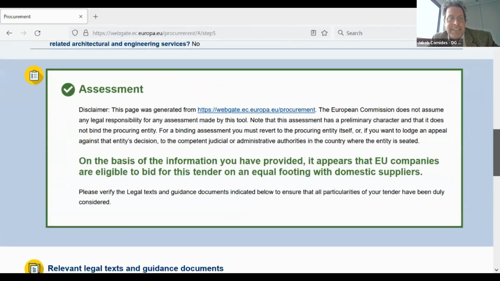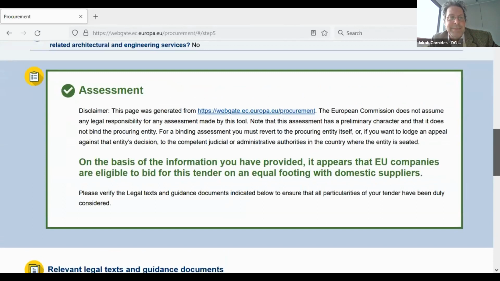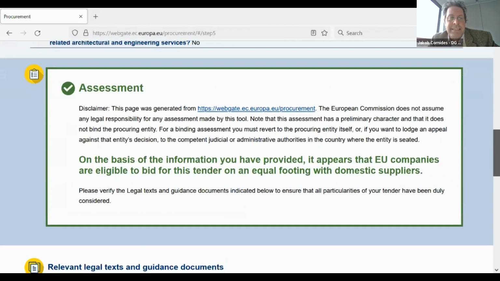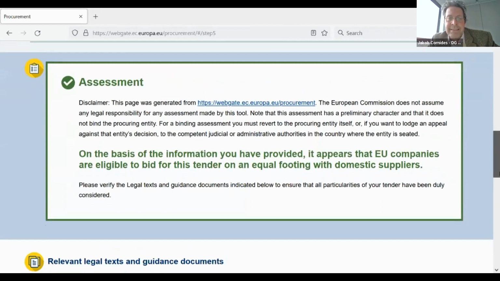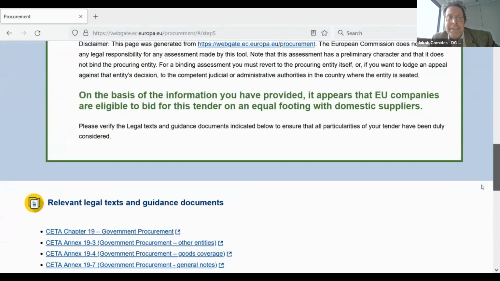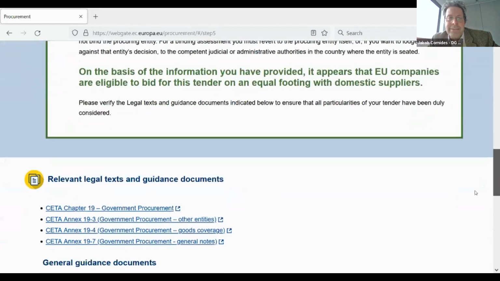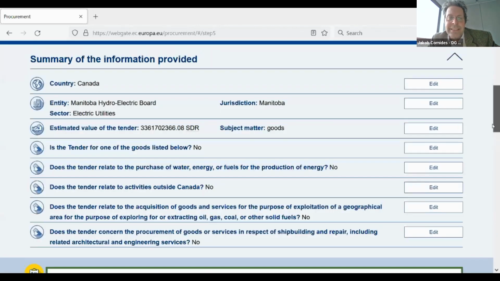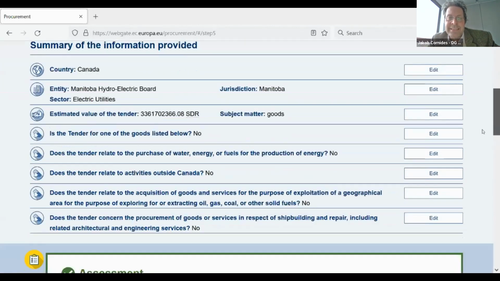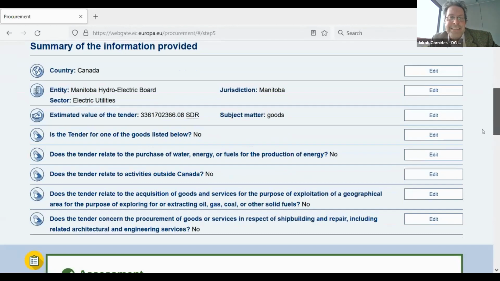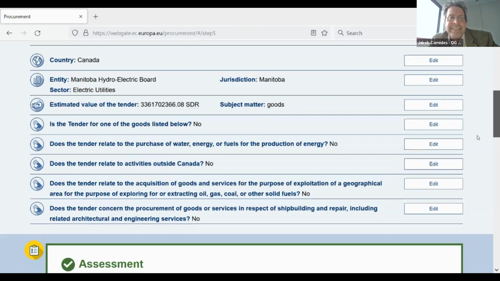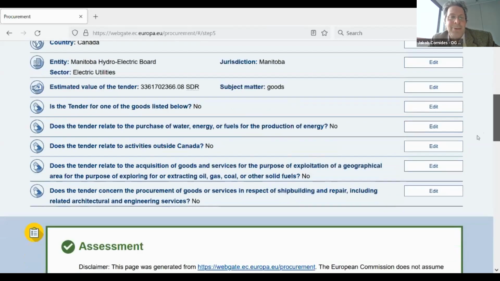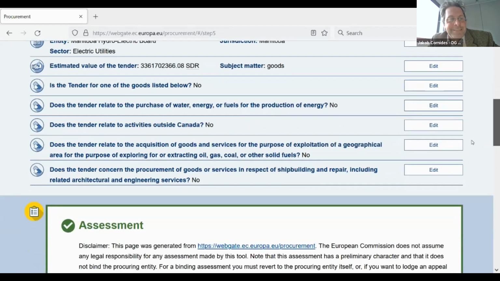And here at the end, congratulations, I get a positive assessment. The system tells me that on the basis of the CETA agreement, it appears that I am eligible to bid on an equal footing with domestic Canadian suppliers. So you see how this works. If you're interested in skiing races, as I think many Canadians are, it's like a slalom. You have to go through all the gates, and if you miss a gate, you are out of the race.